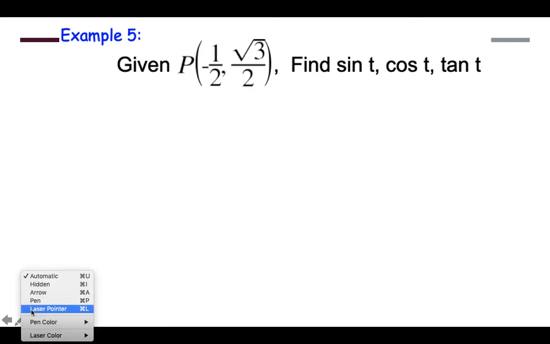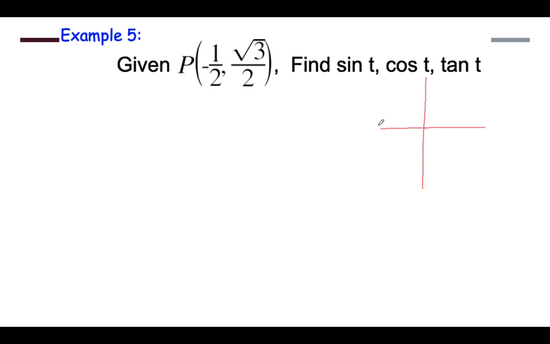Okay, so given our terminal point now, they give us our terminal point, find sine, cosine, and tangent, okay? So our x value is negative, our y value is positive, so it's somewhere over here. So I'm going to draw my triangle. Our x, negative 1/2. Our height, square root of 3 over 2.